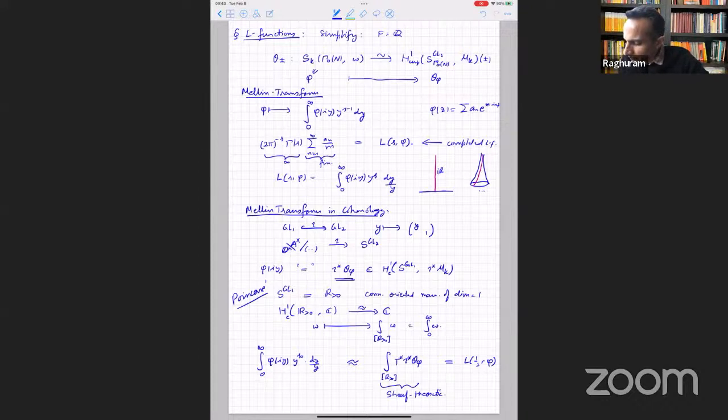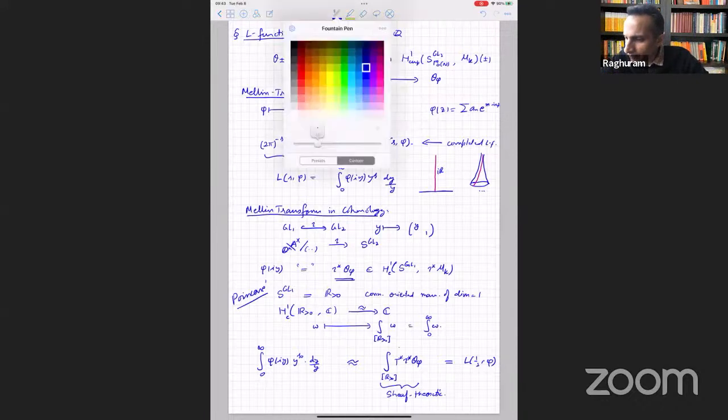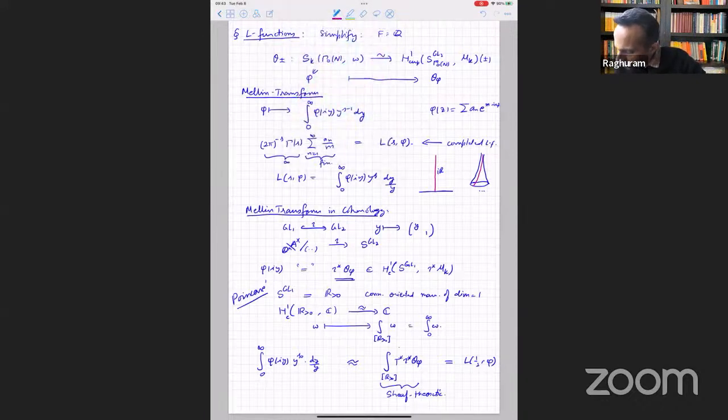The answer to your question lives there. How do I make that statement precise? On the one hand, I have a cohomology class living in sheaf cohomology and some cohomological maps. On the other hand, I have some integral of a cusp form.